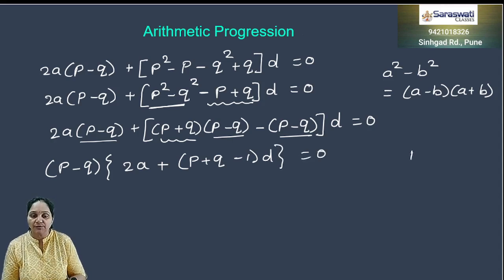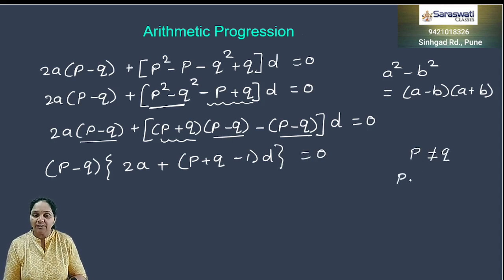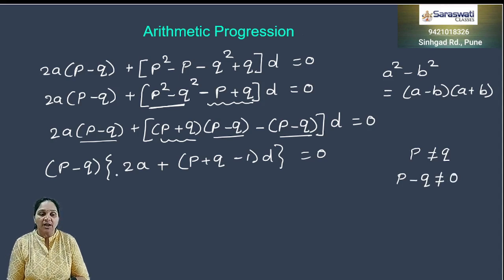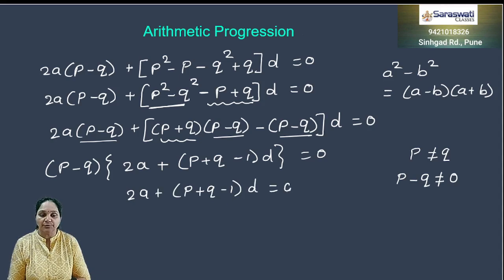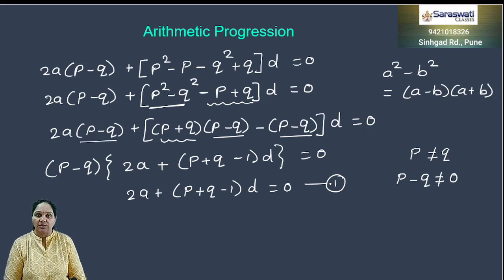Now see, we are given that p is not equal to q, and that means p minus q is not equal to 0, and hence dividing both sides by p minus q, we get 2a plus p plus q minus 1 into d is equal to 0. Write this as 1. Okay.